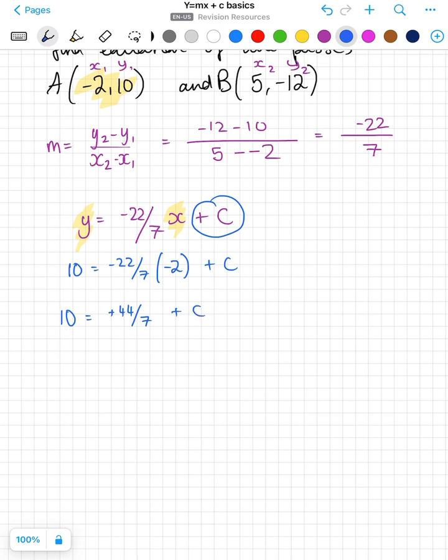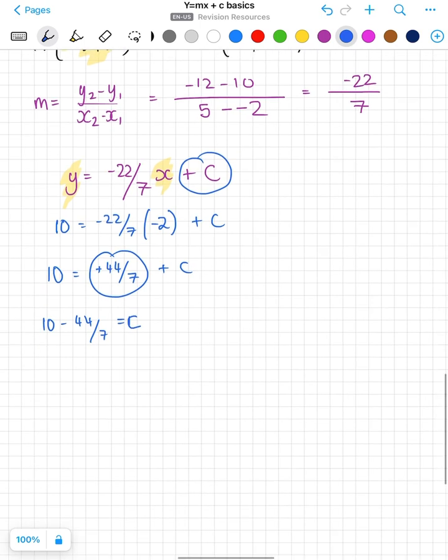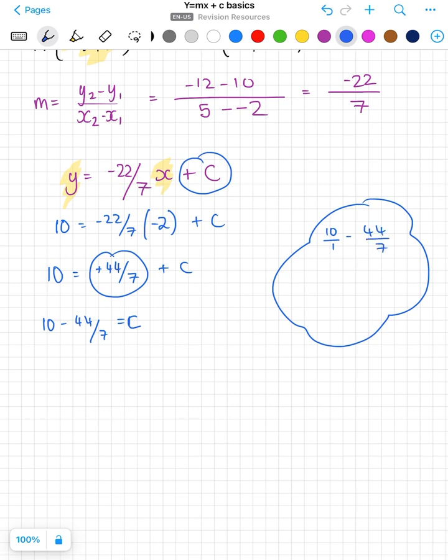Then we're going to take this away. So that's 10 minus 44 over 7 equals c. A little bit of fractions recap for you. That is 10 over 1 minus 44 over 7. We need the same denominators, so we're going to multiply our first fraction up by 7.